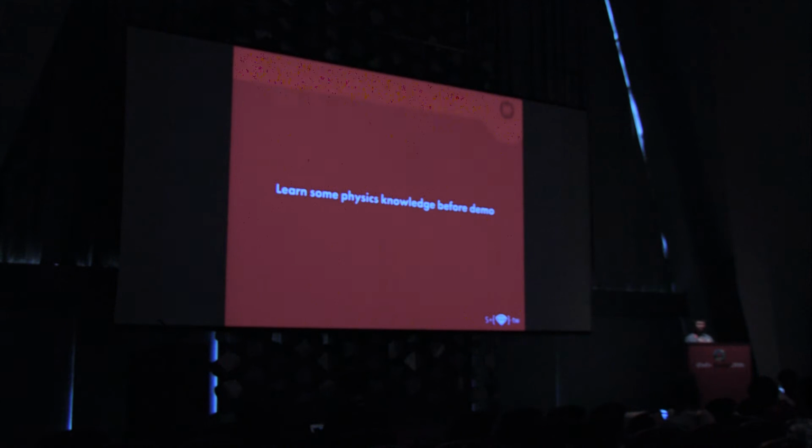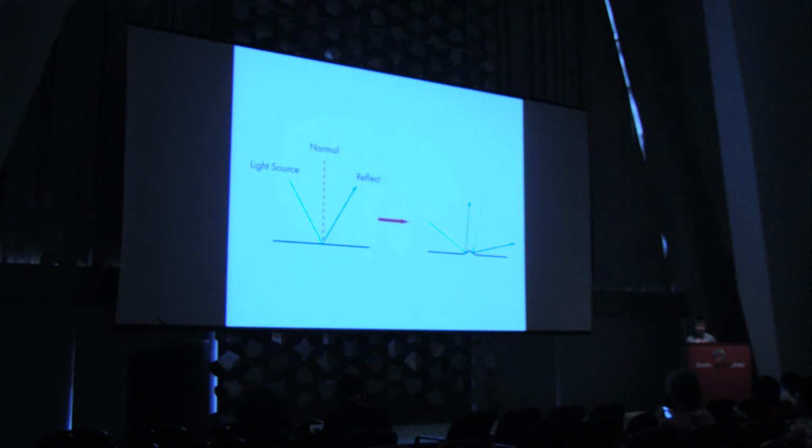Shaders are usually used for 3D models, so we have to know some physics. In my demo, I will create a diffuse shader. What is a diffuse shader? In physics, we define that light will reflect.